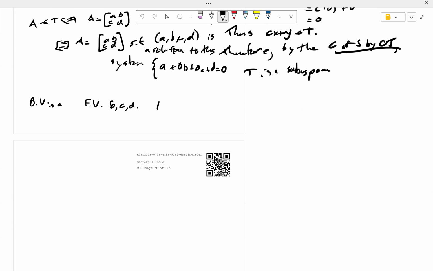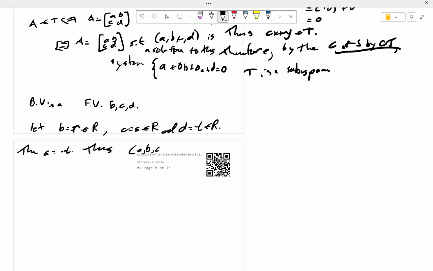So I'm going to let B equal R in R, C equal S in R, and D equal T in R. Then A equals minus T. Thus, A, B, C, D is a solution.